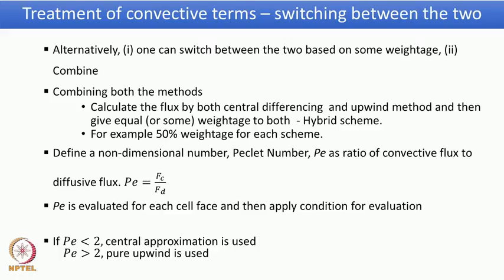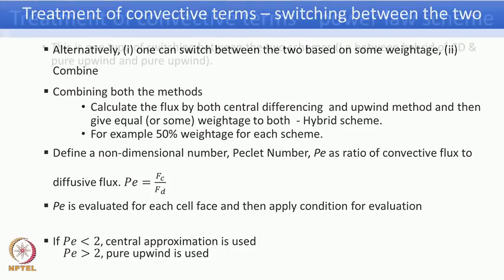If Pe is greater than 2, which means the numerator is very high and the denominator is very low, that means convection is dominating, hence you can switch to pure upwinding. So, this condition you can also incorporate in your own code, decide based on the Peclet number, defined as the ratio of convective flux to the diffusive flux.